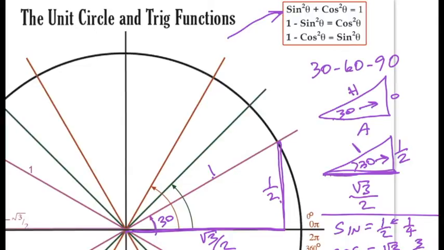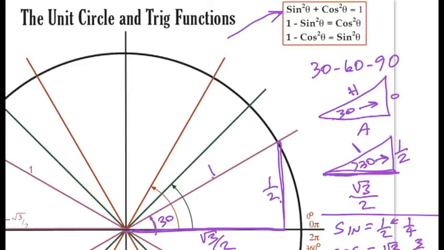Now my tangent down here is equal to my opposite, which is 1/2, over the square root of 3 over 2. Well, the 2's are going to cancel, and I just get 1 over the square root of 3, which becomes the square root of 3 over 3. So now we have our functions for the first quadrant looking at the 30, 60, 90 triangle.